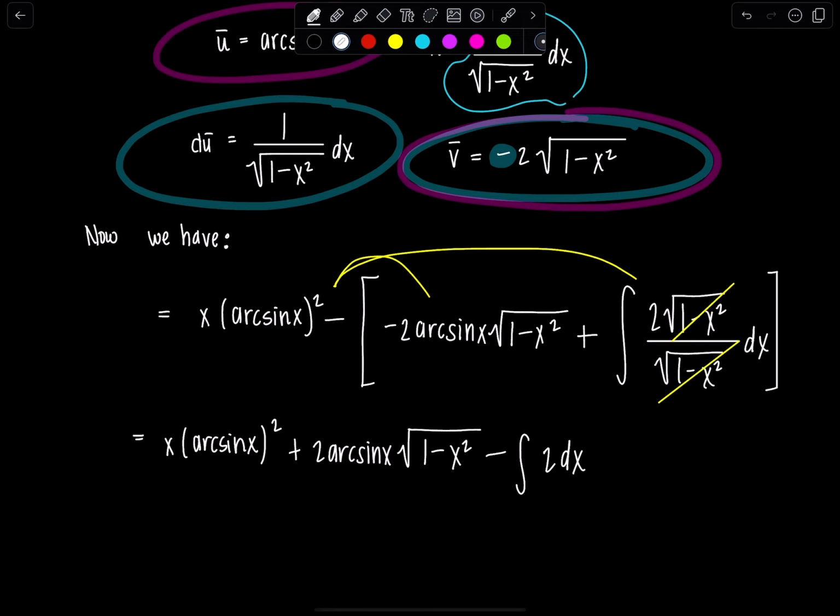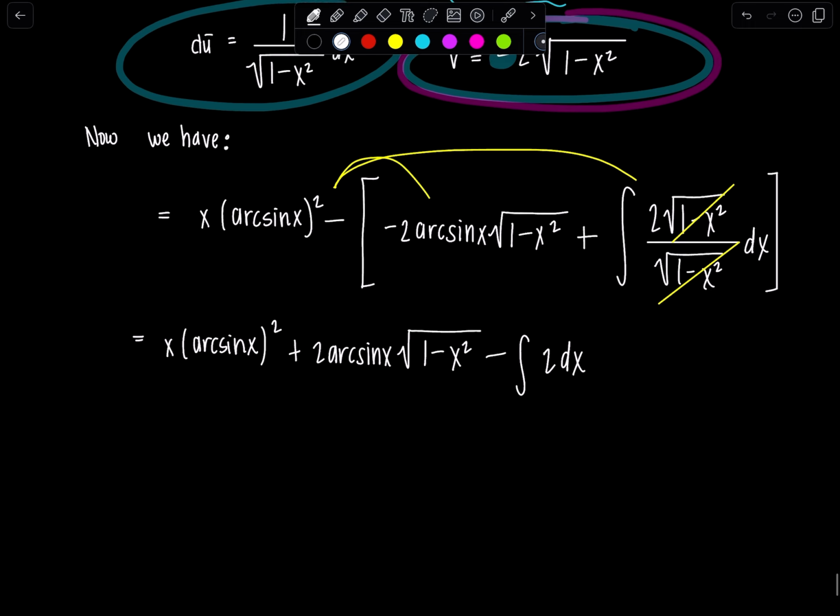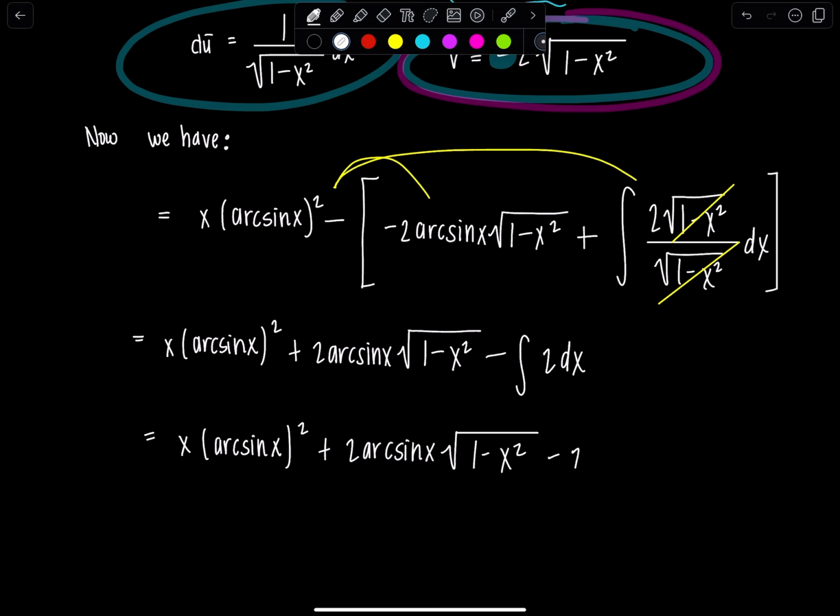You can do that integral, no problem. The antiderivative of 2 is just going to be 2x, and then put a plus c, call it a day. So: x arc sine of x plus 2 arc sine of x radical 1 minus x squared minus 2x plus c.